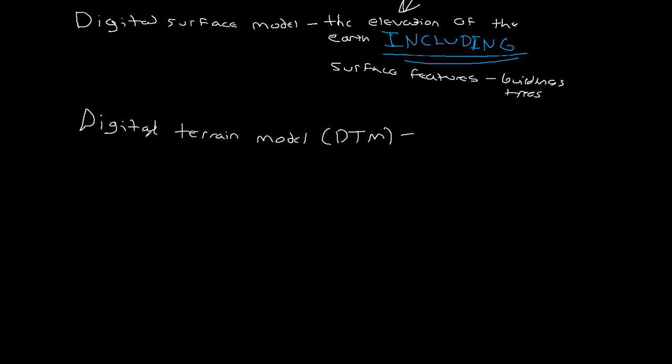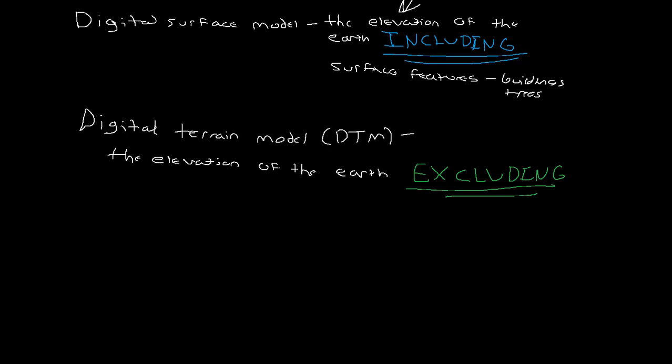The digital terrain model is set up to be the elevation of the Earth, excluding surface features.